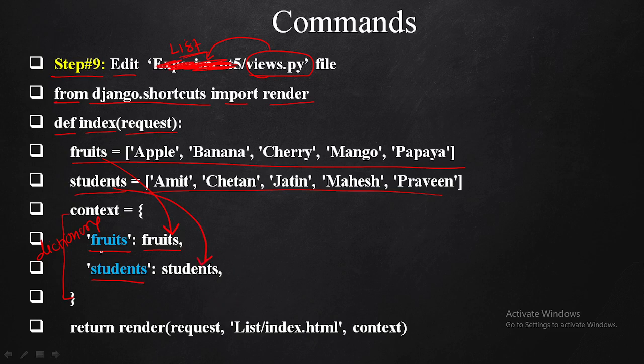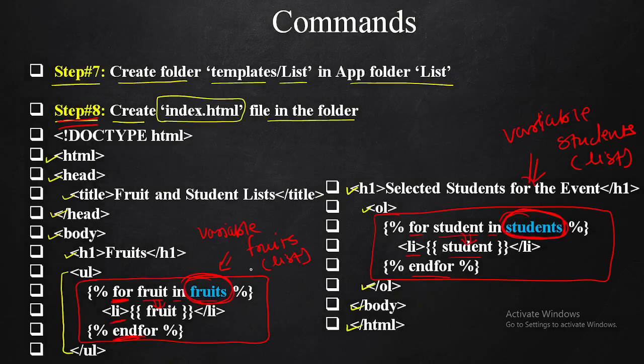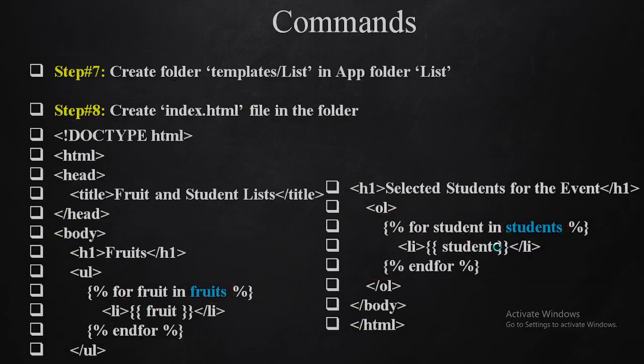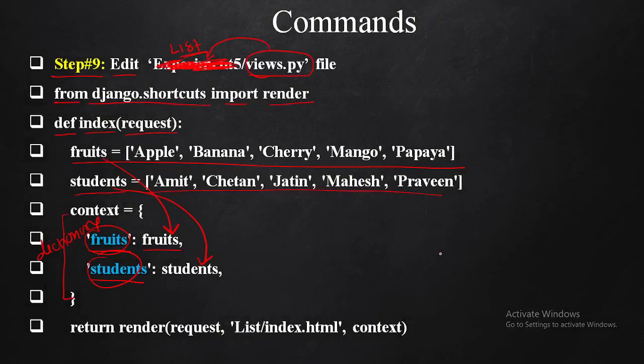So these two variables, fruits and students, we have used in the index.html in the previous step. So here they are used. Now what does this function do? It creates a fruits list and a students list.